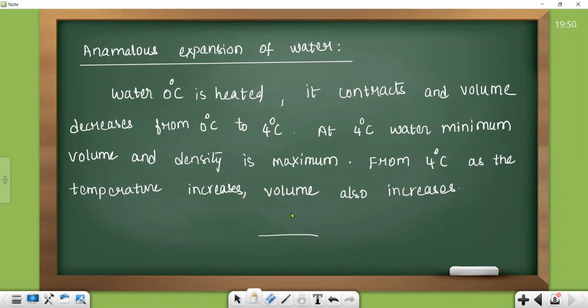Even if the temperature outside is at or below 0 degrees Celsius, inside you can find 4 degrees Celsius. Outside, a thin layer of ice is formed, and inside there is 4 degrees Celsius only. Due to that, aquatic life is supported.